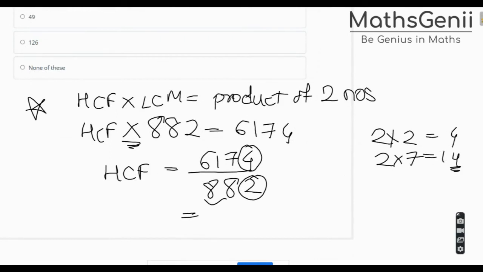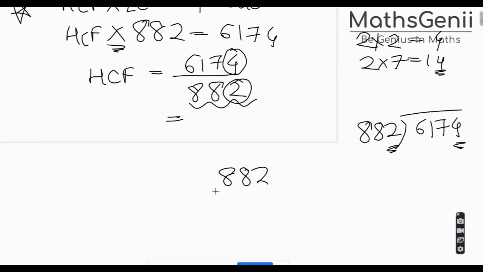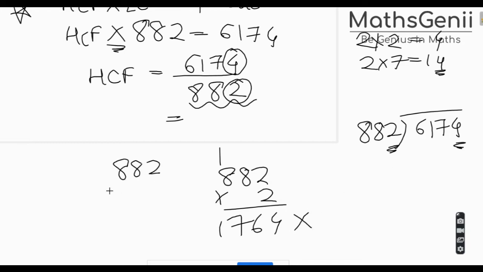So I will try to check. So when I am dividing 6174 by 882, I will check the end digits. So I will try 882 2s are 4, 16, 1764. Is this 6174? No. So rejected.